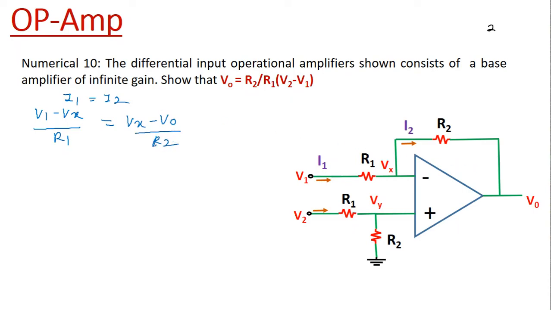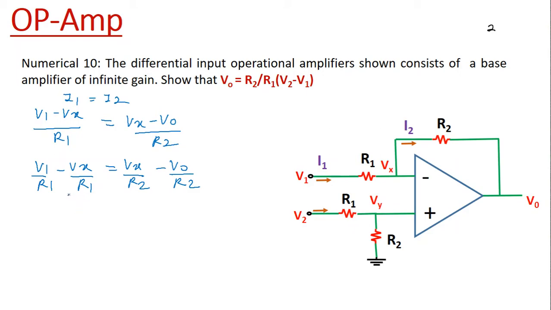Now we make all the terms of Vx together. First we simplify: V1 upon R1 minus Vx upon R1 is equal to Vx upon R2 minus VO upon R2.